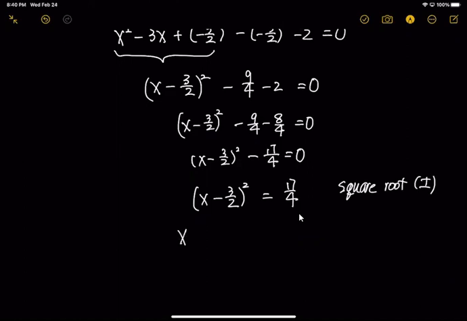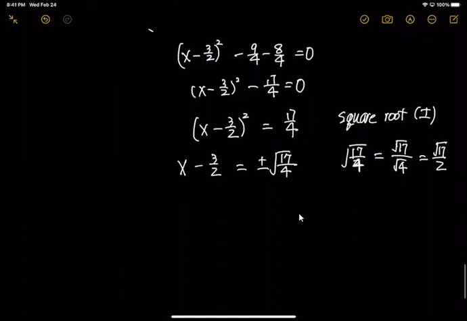I have x minus 3/2 equals positive and negative square root of 17 over 4. So the square root of 17 over 4 is equal to square root of 17 over square root of 4. Square root of 4 is equal to 2.